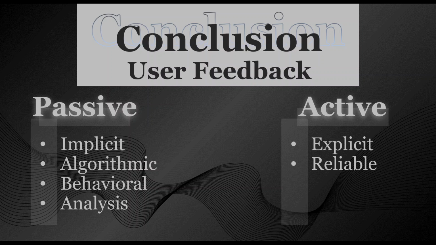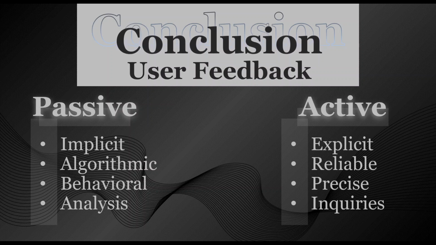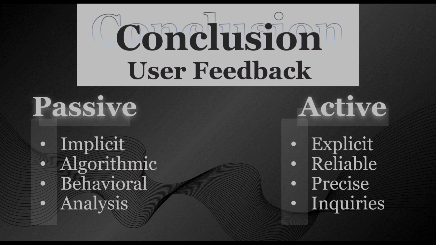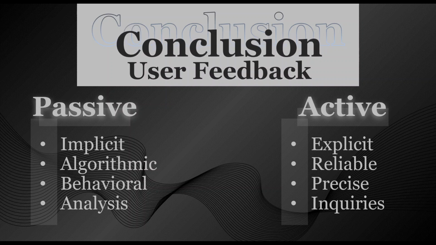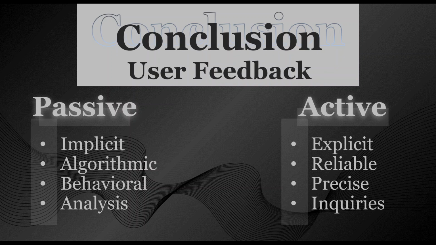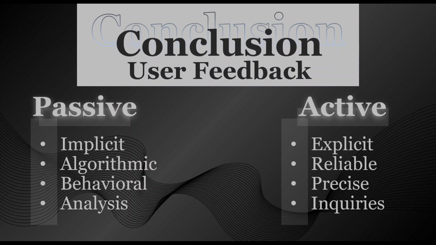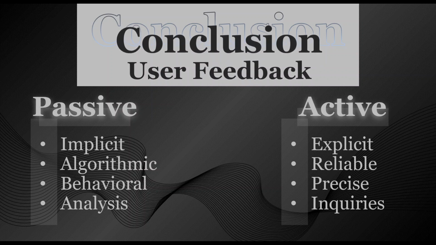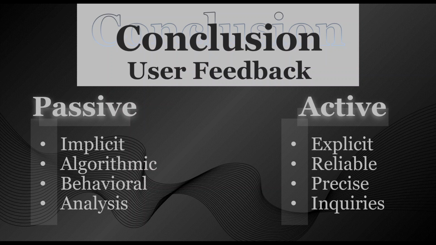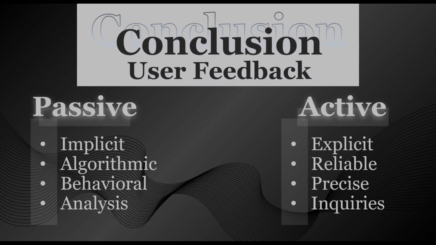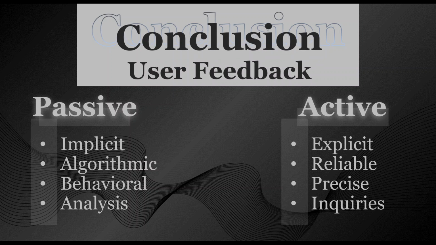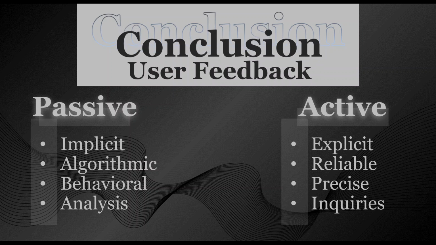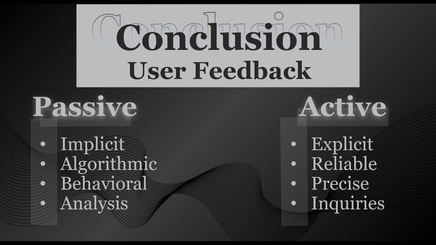In contrast, we had the active user feedback that was explicit, very reliable because it comes from the users' minds and they say what they are thinking and wanting. It is precise, and it needs inquiries because it takes time. We have to ask some questions, and it needs direct input from users.